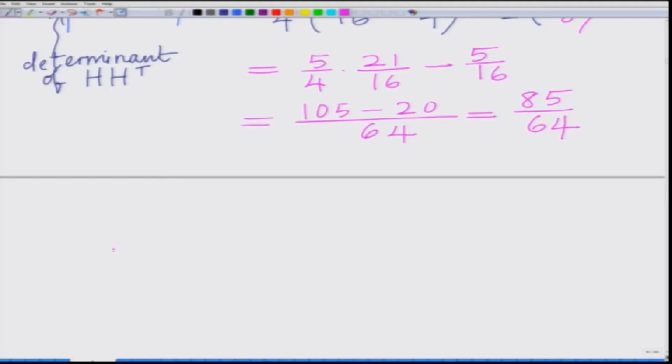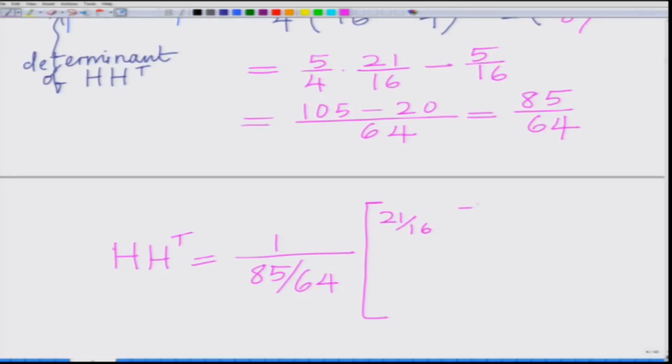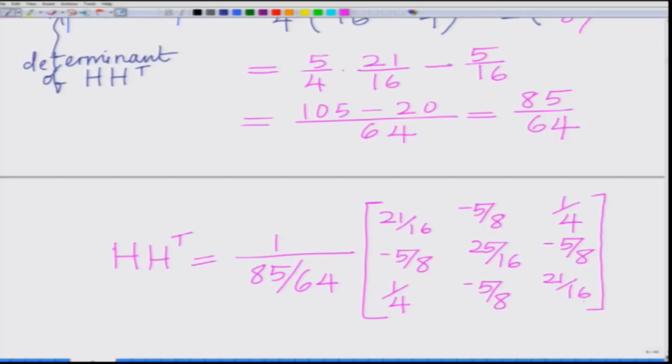Therefore, H H transpose inverse is 1 over the determinant times this matrix of cofactors, which is given as 21 by 16, minus 5 by 8, 1 by 4, minus 5 by 8, 25 by 16, minus 5 by 8, 1 by 4, minus 5 by 8, 21 by 16.